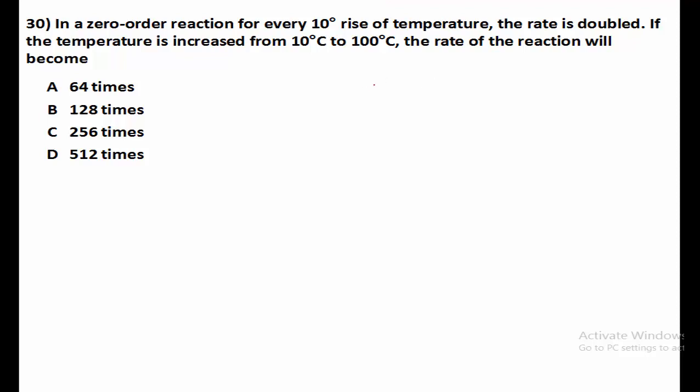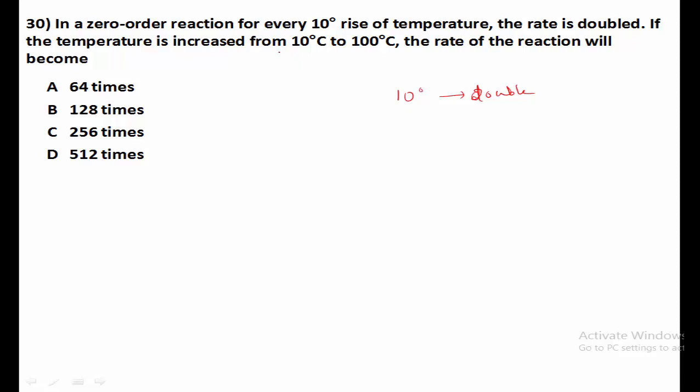Simply see, without knowing anything, by simply observing this question, you can solve this. When we raise the temperature by 10 degrees Celsius, the rate increases to double the initial rate. Whatever the initial rate may be, it gets doubled upon an increase of 10 degrees Celsius.